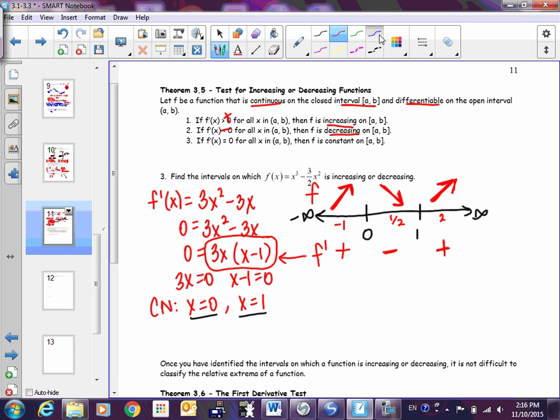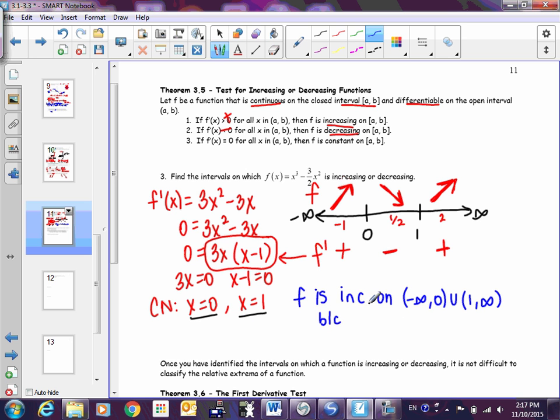Now we need to write our answer. Okay, so we have F is increasing on what interval? Negative infinity to 0. Union that with 1 to infinity. Right?